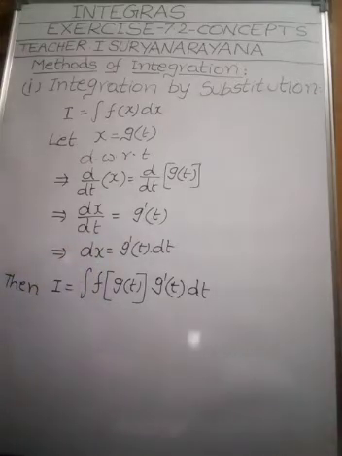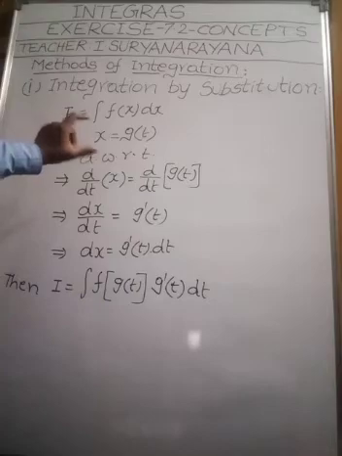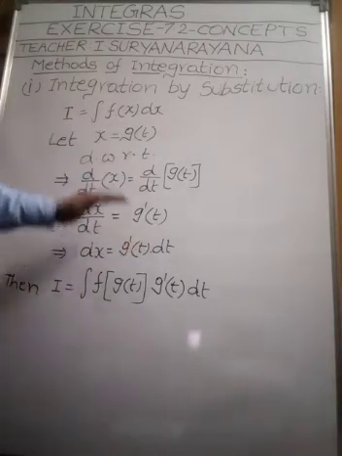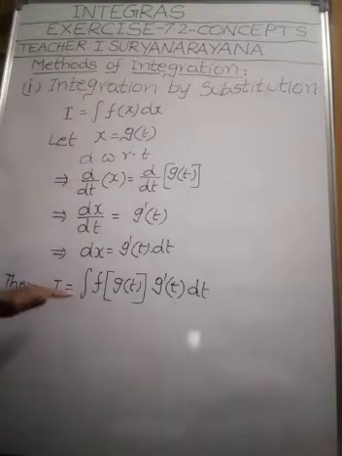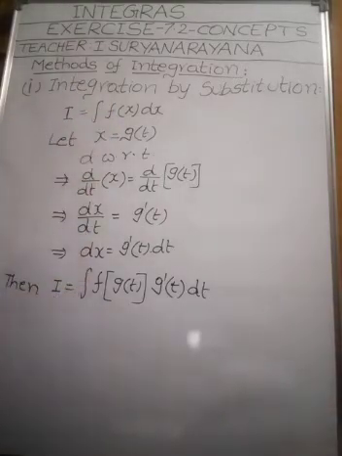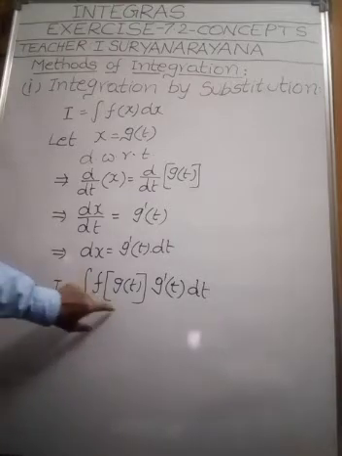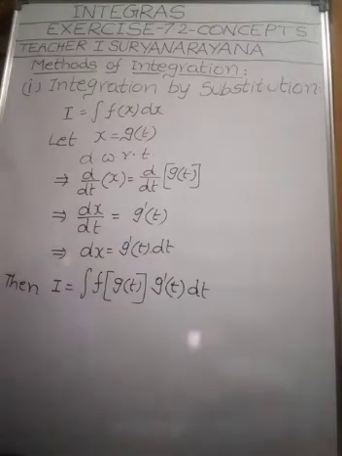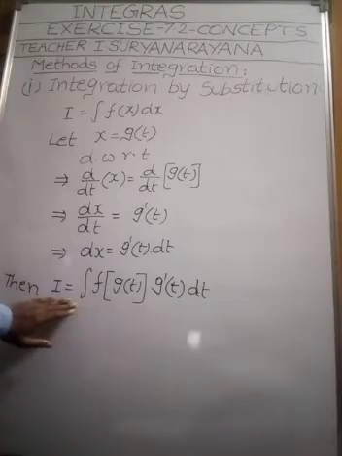Standard integrals. So by guessing a suitable substitution, we had to reduce, we had to convert, we had to transform the given integrand into some standard integral. Then in this step we get some standard integral. So by using the standard integral formula, we can find the integral of this function.